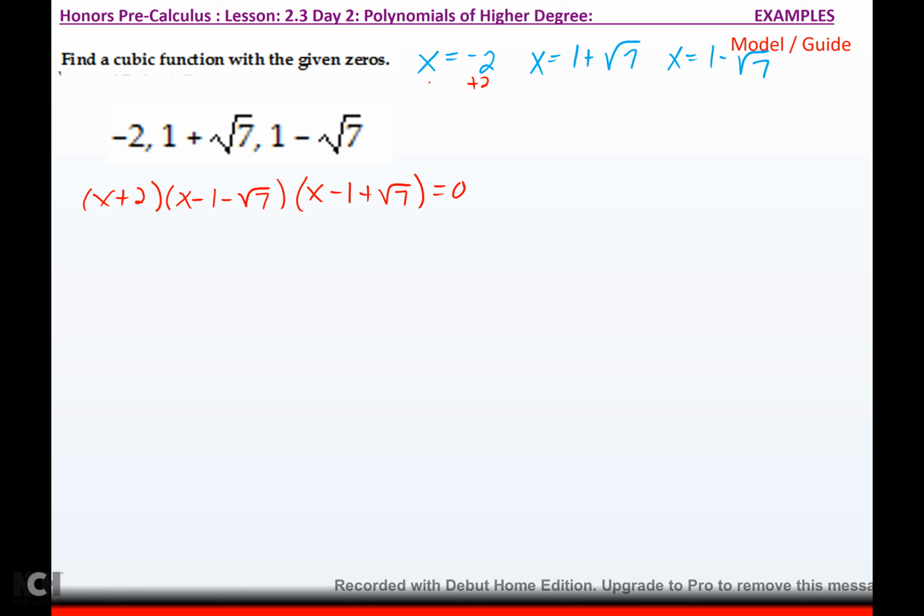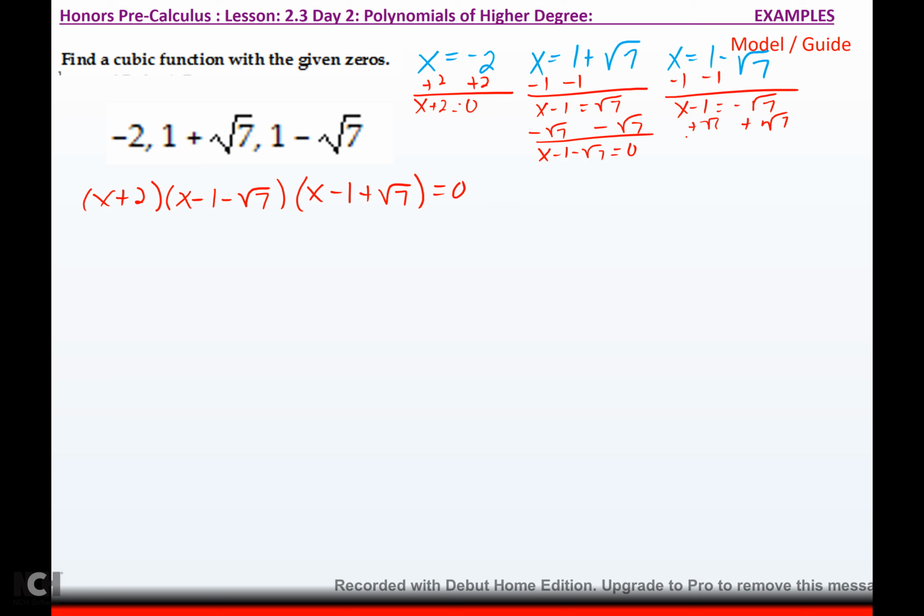Again, skipping this. Add 2, x plus 2 equals 0. Minus 1 gives me x minus 1 equals the square root of 7, minus the square root of 7 gives me x minus 1 minus the square root of 7 equals 0. Same thing here. Minus 1, x minus 1 equals negative square root of 7. Add square root of 7 to both sides. I get x minus 1 plus the square root of 7 equals 0.